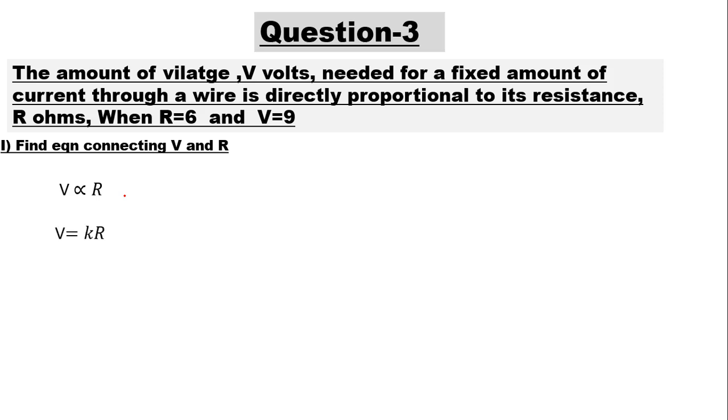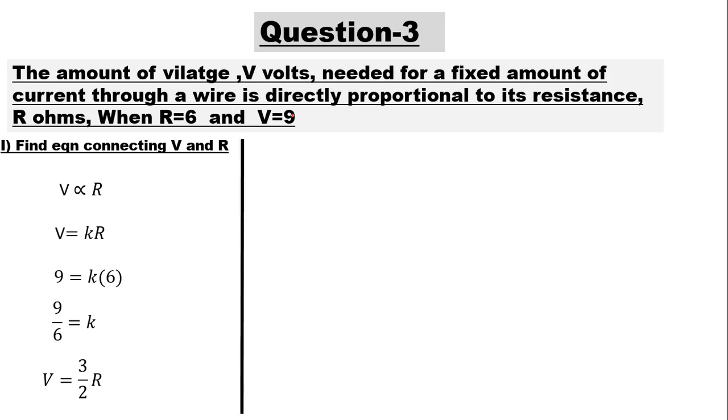So V becomes equal to K times R. Now students, you are given the values of R and V, so you can replace them to find the value of K. If we replace V with 9 and R with 6, K becomes 9 over 6, or you can further reduce it. V is equal to 3 by 2 R is the equation that is connecting V and R.